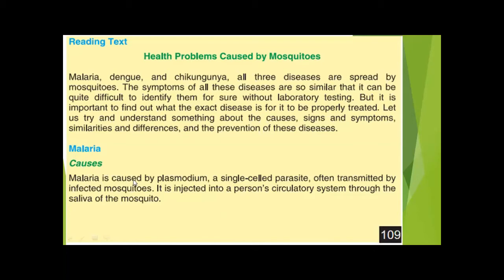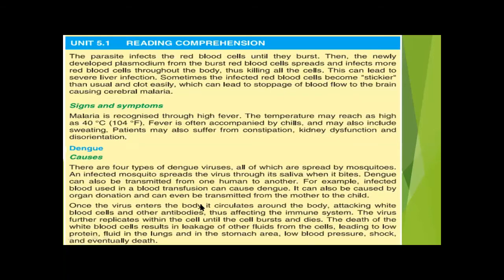Malaria is caused by Plasmodium, a single-celled parasite often transmitted by infected mosquitoes. It is injected into a person's circulatory system through the saliva of the mosquito. The parasite infects the red blood cells until they burst.